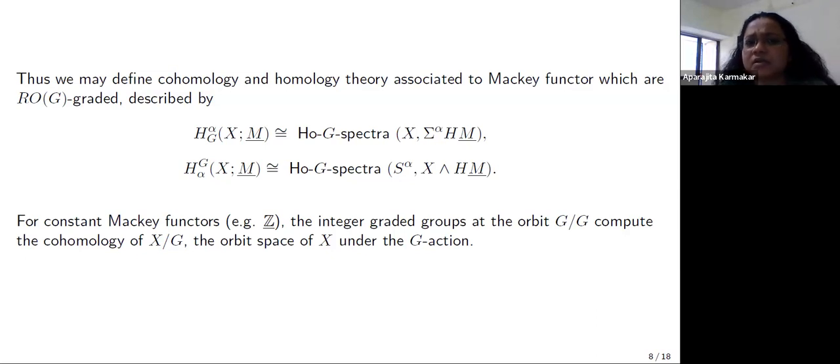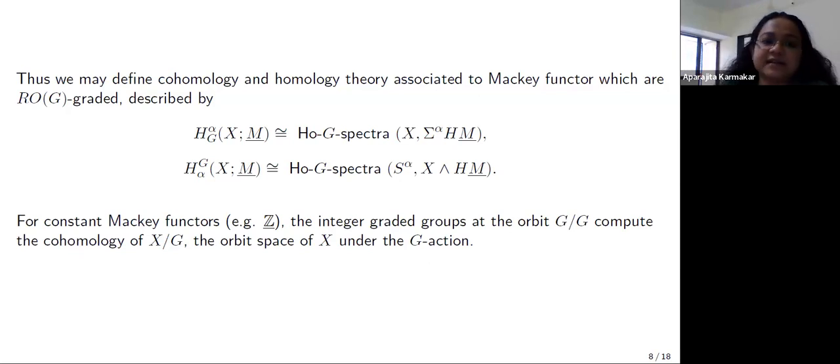That we will call the alpha cohomology of X with Mackey functor M. And the homology will be defined as the morphism group in the homotopy G spectra category, where the morphisms are between S alpha and HM smash X.